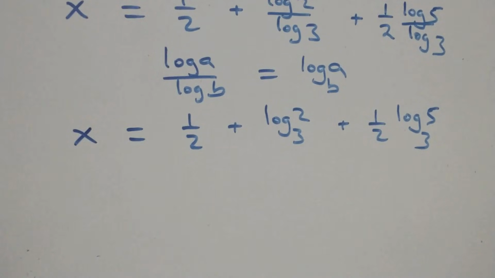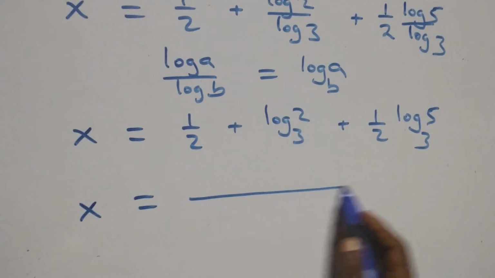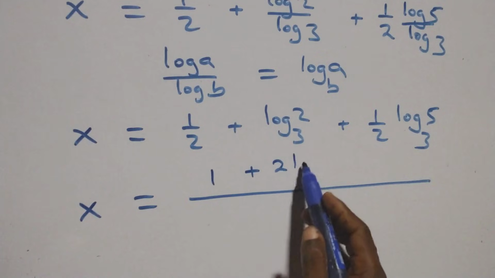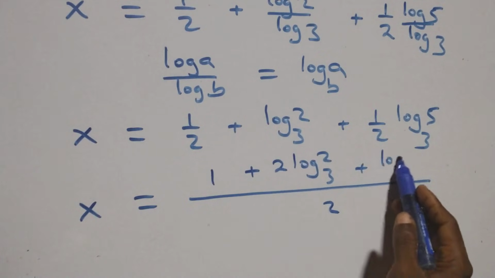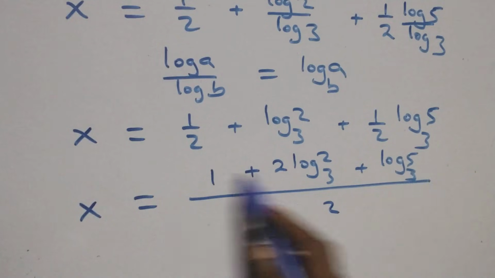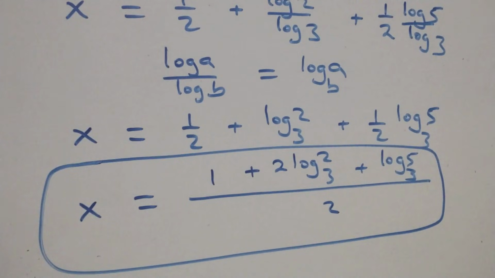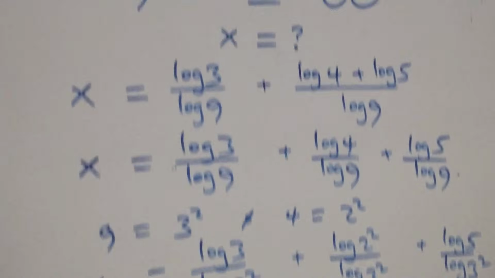Then here, I'll bring this together as one fraction, as this x equals to the LCM here, that's 2. Here we have 1 plus, this becomes 2 log 2 base 3, then plus here, remain log 5 base 3. As this we have the value of x in this problem. Then, let's check here if this satisfies this given problem.